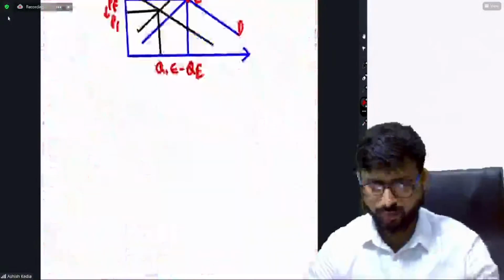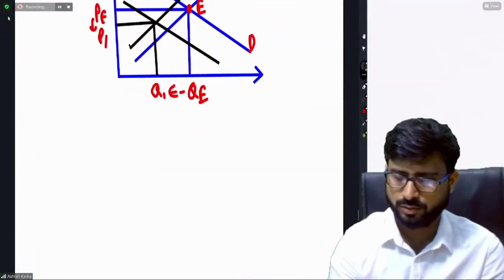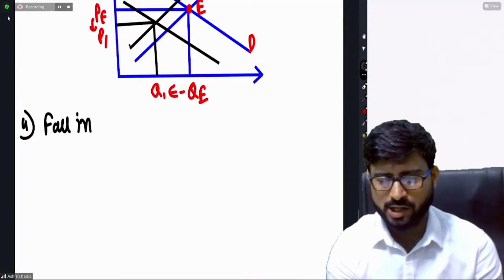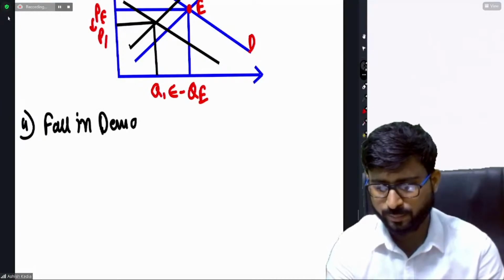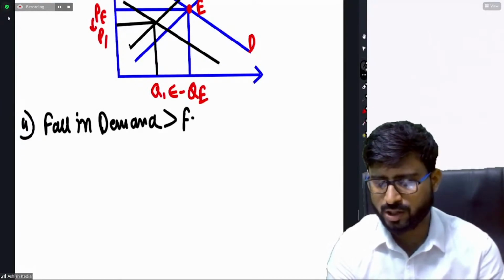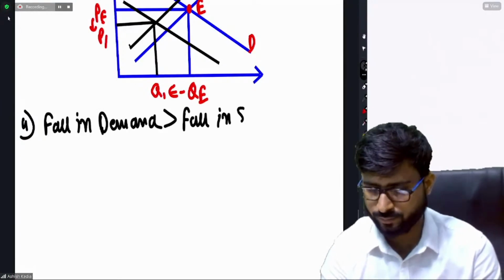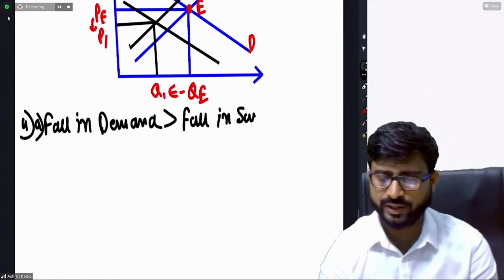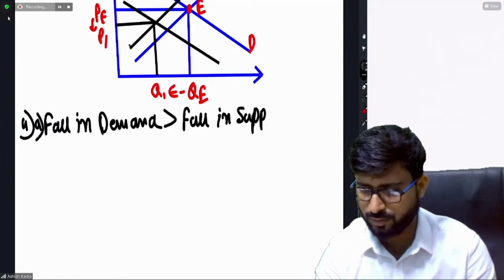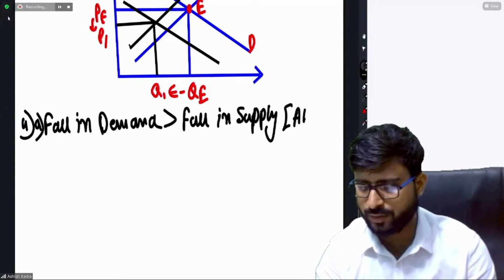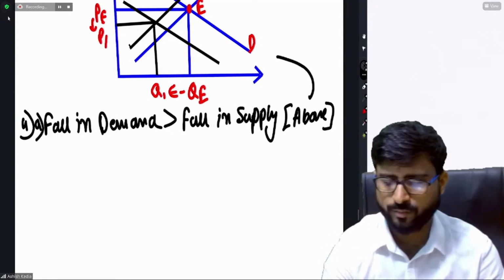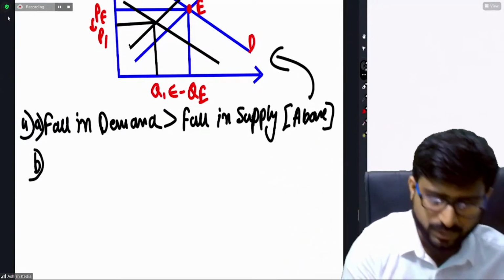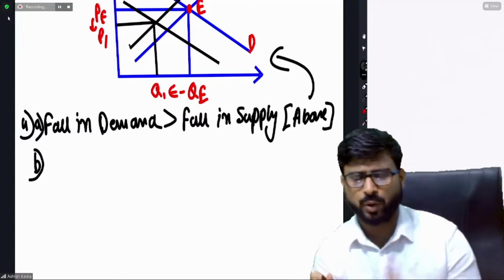Now 4. Fall in demand greater than fall in supply. 4A, not 44A, shown above, done above. Now, 4B. I want you all to solve it. I will not help you.